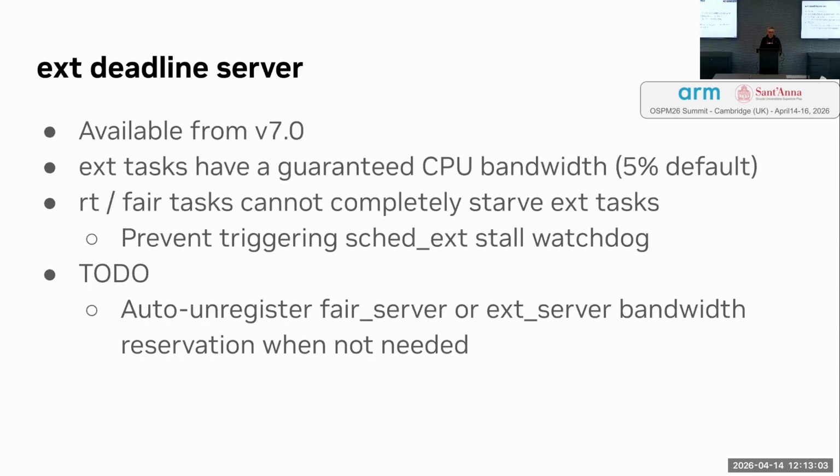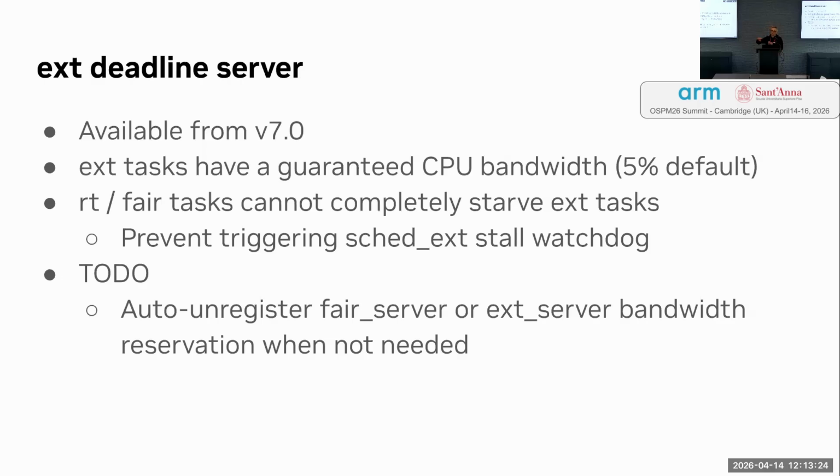Now we have the deadline server for SCADX. Similarly to FAIR, I think you're all familiar with the old RT throttling issue that was essentially addressed or solved by the FAIR deadline server. Now we have one deadline server also for SCADX.